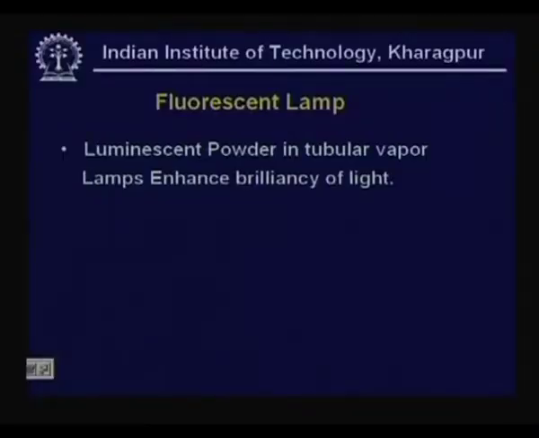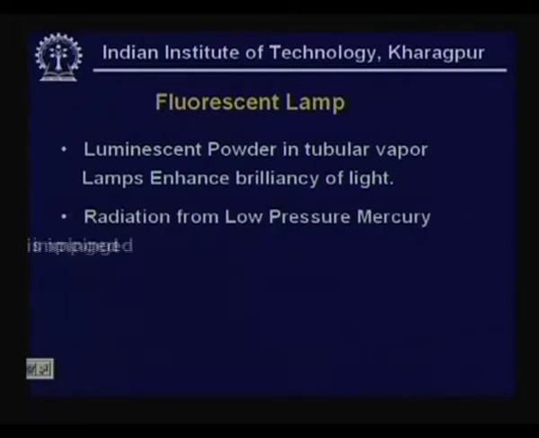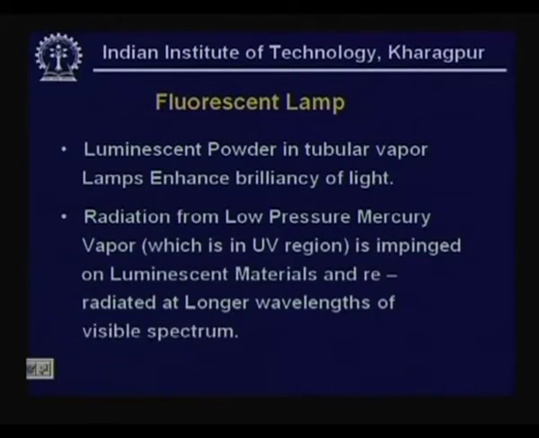Let us see. If you have a luminescent powder provided in the tubular vapor lamps, it in fact improves brilliancy of light. That is what we found for the mercury vapor lamps, we did mention. So, what we do is take a low pressure mercury vapor lamp, whose radiation is predominantly in ultraviolet region, and allow it to impinge on luminescent materials.